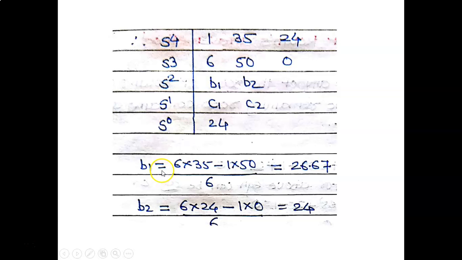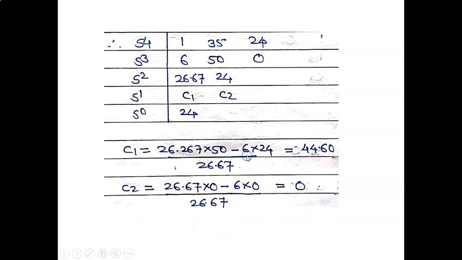Therefore b1 is equal to 6 into 35 minus 1 into 50 divided by 6, which is equal to 26.67. b2 is equal to 6 into 24 minus 1 into 0 divided by 6, which is equal to 24. Therefore S raised to 4, S cube, S square, S raised to 1, S raised to 0: 1, 35, 24, 6, 50, 0, 26.67, 24, c1, c2, 24.